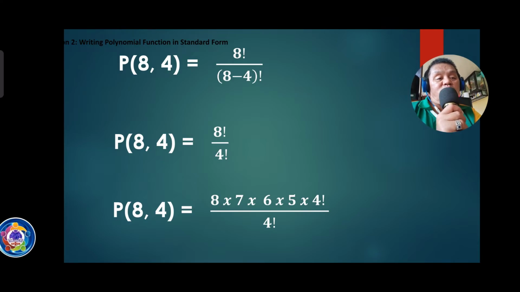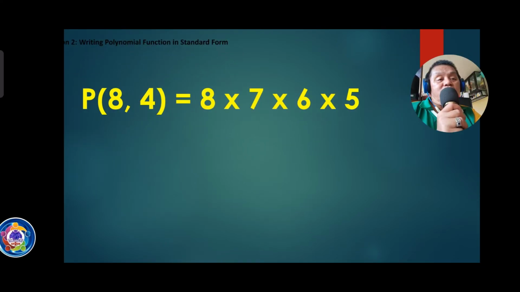So this time you are going to cancel 4 factorial. The remaining factors are 8 times 7 times 6 times 5.